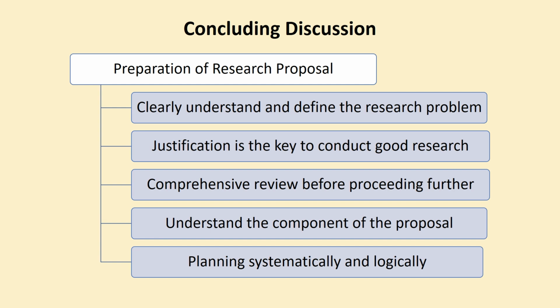Next is comprehensively review before proceeding further. This is another very important aspect. Review of literature is not only done for searching some ideas, thoughts and arguments, it gives you a very clear-cut picture.